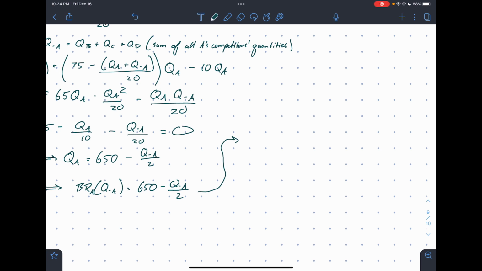Just to show you what this means, the best response of A to QB, QC, QD is 650 minus QB plus QC plus QD divided by 2. These mean the same thing.